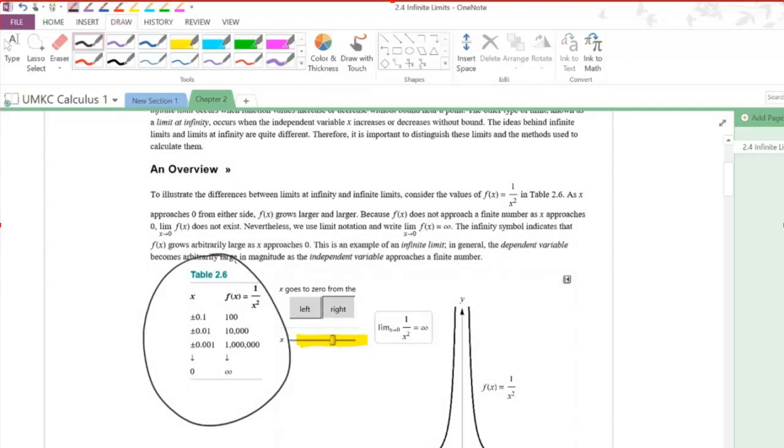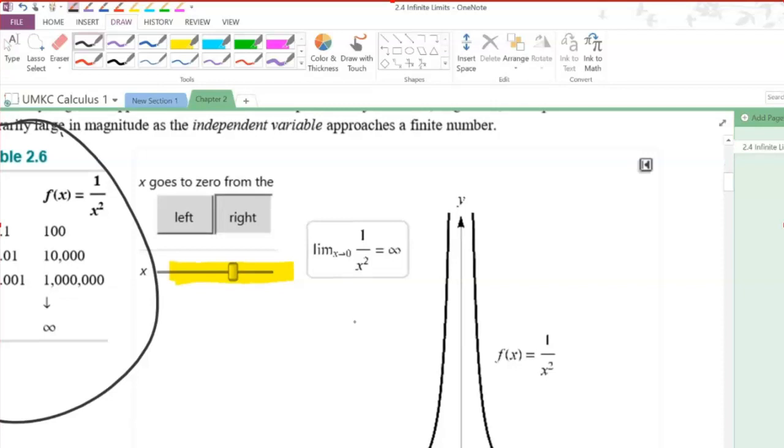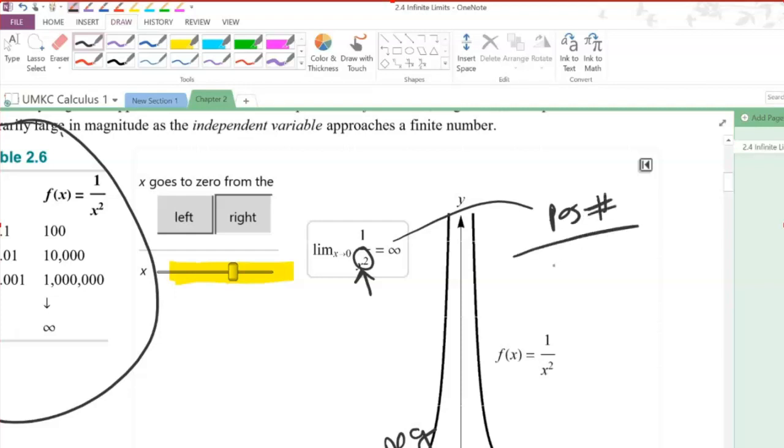In this example, the limit as x goes to 0 of 1 over x squared, if I plug in values to the left of 0, this is going to 0, but it's always negative, but negative squared is going to end up being positive. So I have something that's going to a positive number divided by going to 0, but that going to 0 is positive.